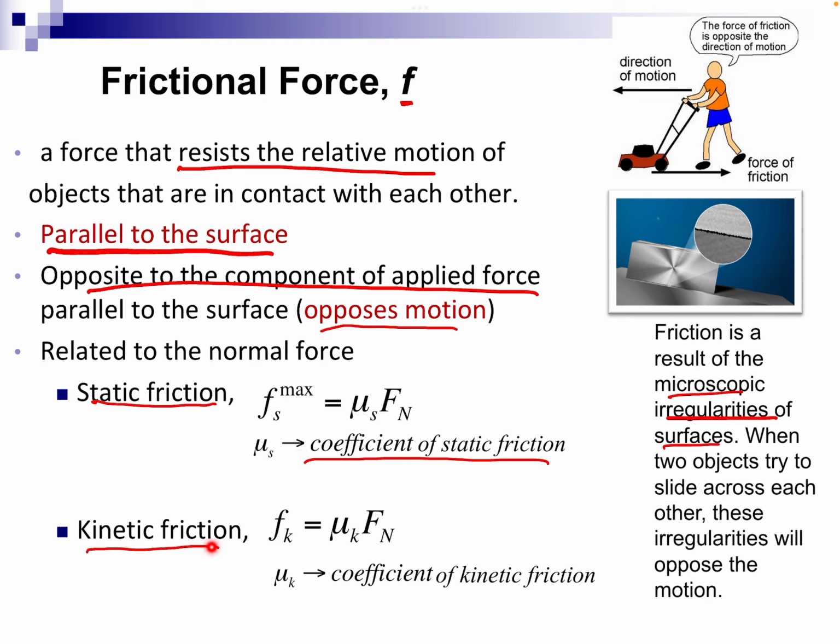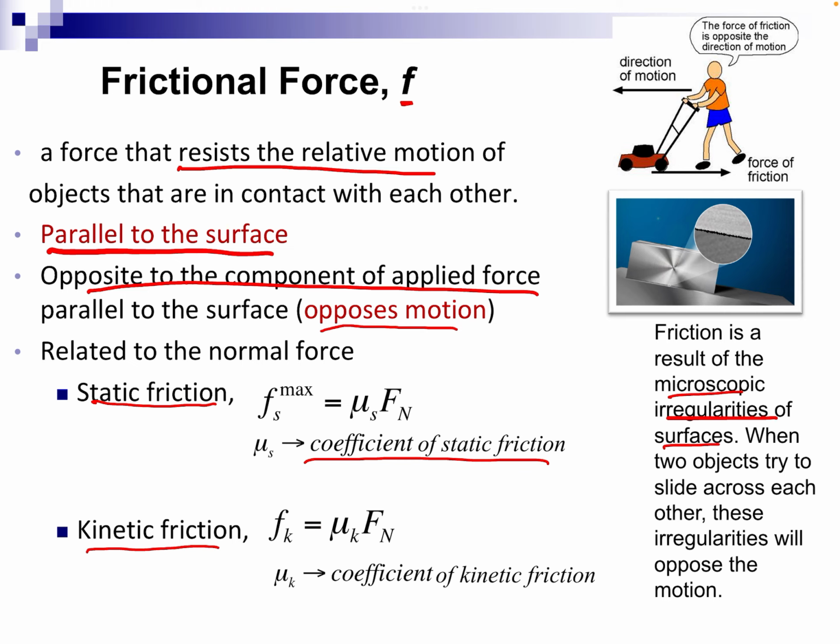If the friction is kinetic, then the coefficient is called the coefficient of kinetic friction. So the coefficient of friction is a constant number that describes how rough the surface is. The rougher the surface, the higher the coefficient of friction, and therefore the bigger the frictional force the object experiences.